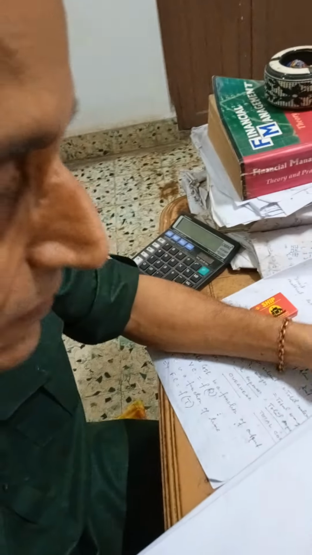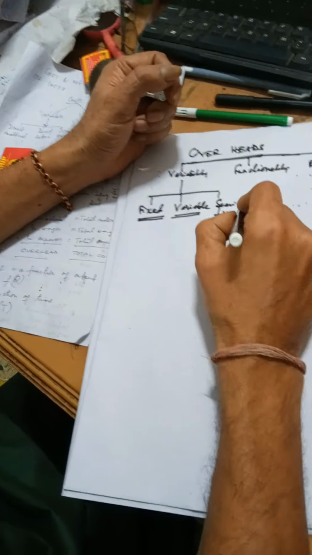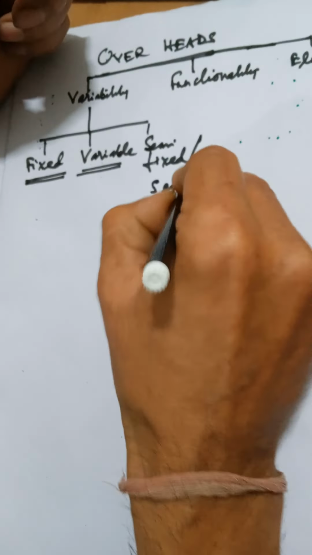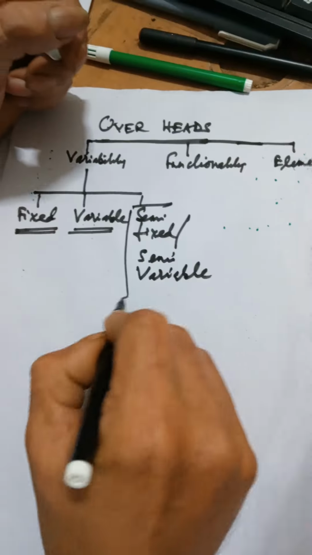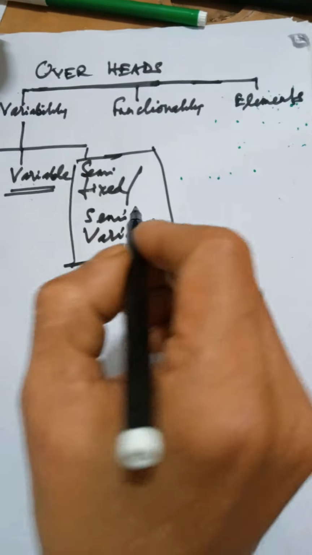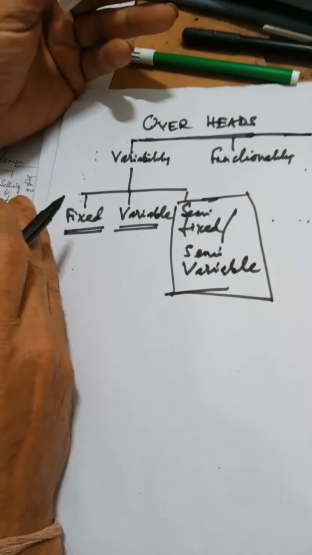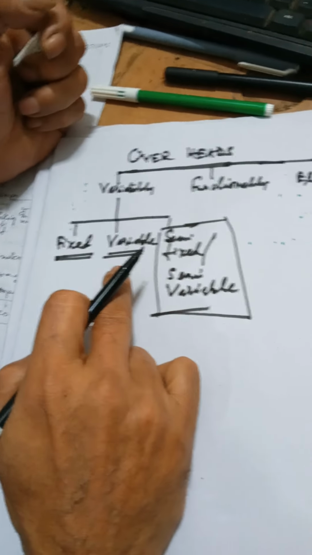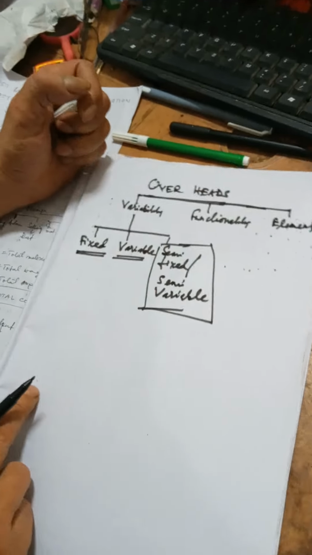So that is variable cost, and that part which is fixed for a month is a fixed part. That is fixed cost. Third one is semi-fixed cost or semi-variable cost. These costs are partly variable and partly fixed, and these costs are further bifurcated into fixed part and variable part and added with the fixed overheads and variable overheads respectively.